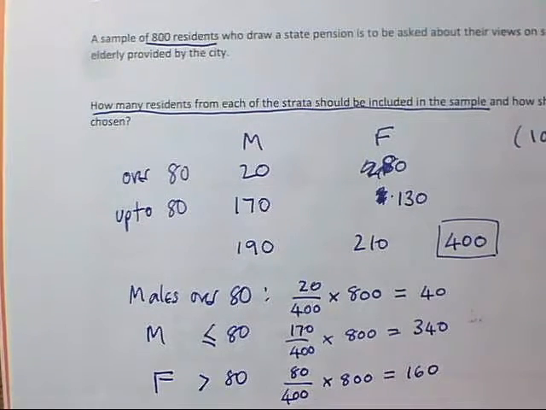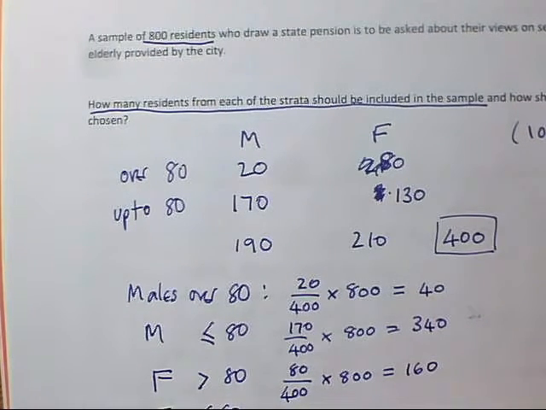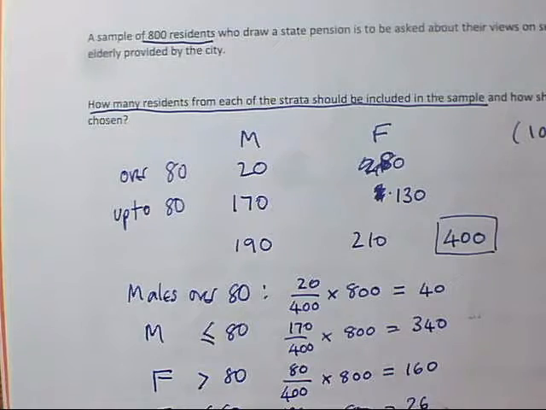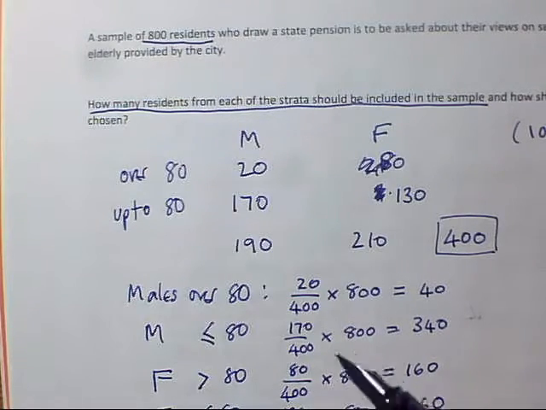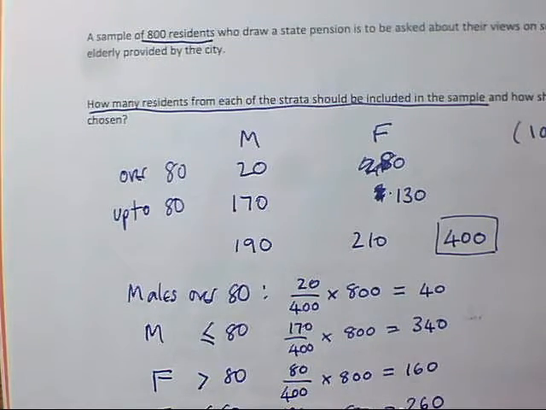And that leaves females less than or equal to 80. I can do a similar calculation, or I can just find what adds up to 800 with these. I'll do it the first way, so 130 400ths of 800 is 260. So I now know how many of each of these groups, so I think I've clearly answered the first bit.